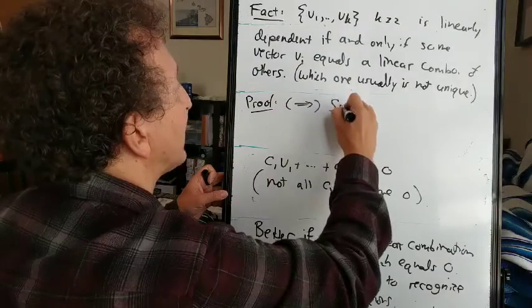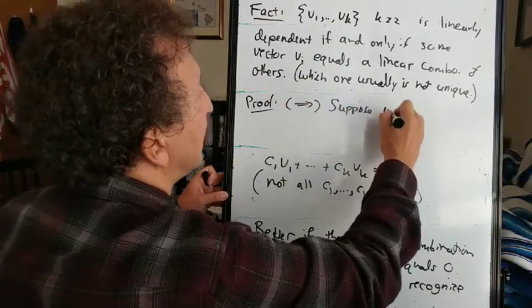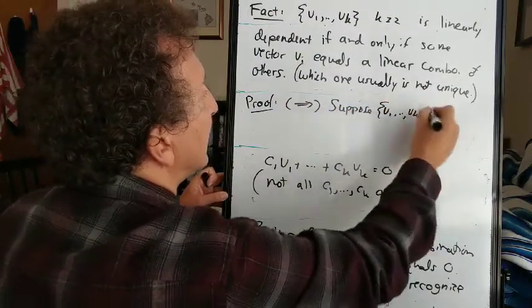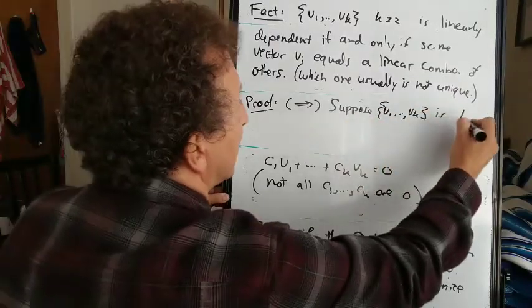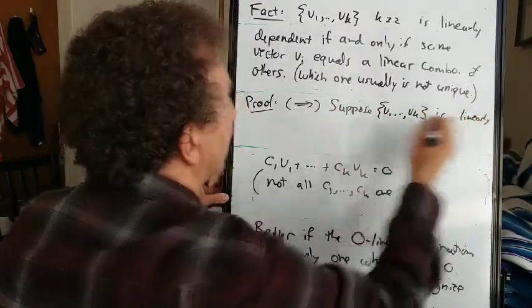So for one direction, suppose v1 through vk is linearly dependent.